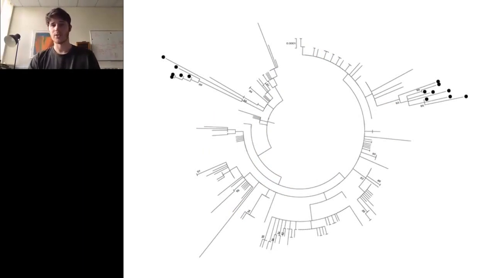And the initial batch of genomes that we generated, I think it was 14, showed in the phylogenetic analysis that they fell into two distinct clades. And this actually wasn't known at the time, because there was such a lag period between what was going on in the field and what was actually known.